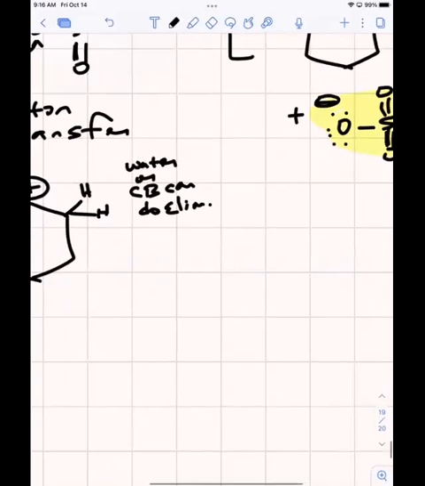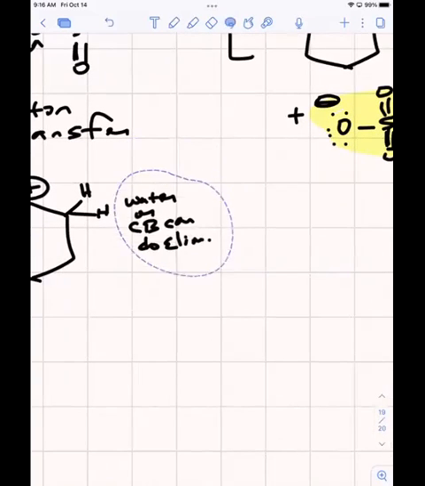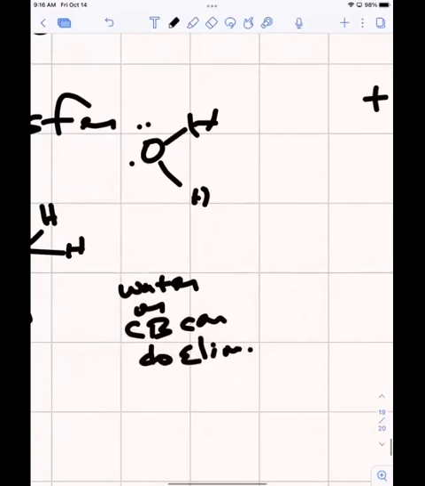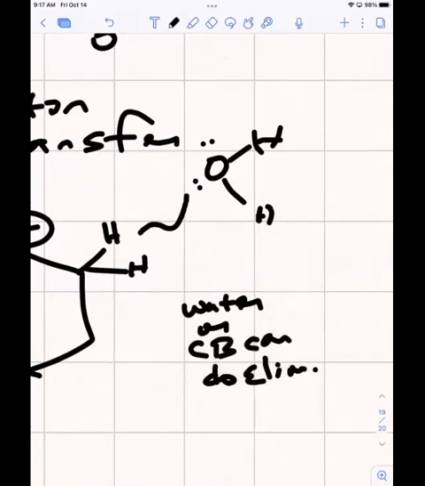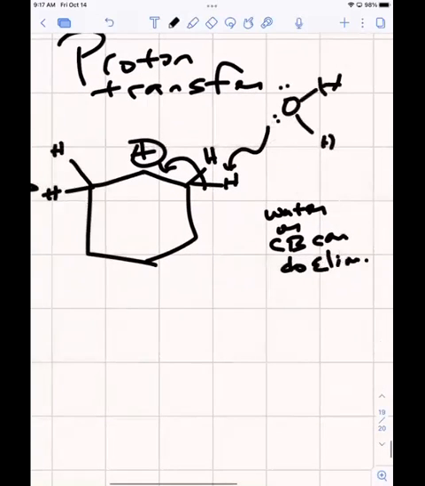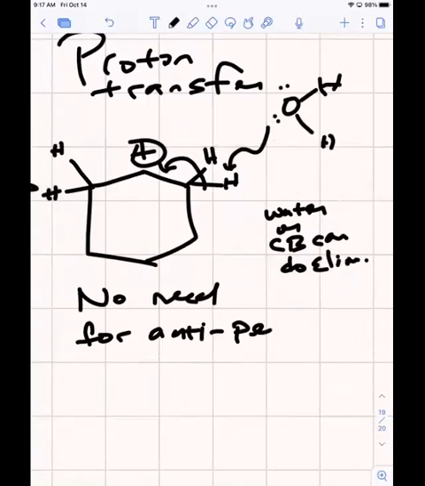But the mechanism doesn't change, right? It's here. So I'm going to just take off, and I can take off either one of these, doesn't matter. There's no geometric constraint for E1. All right, so there's no need for that anti-periplanar geometry that we saw in E2.